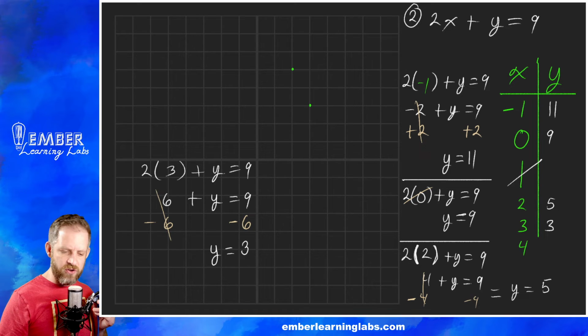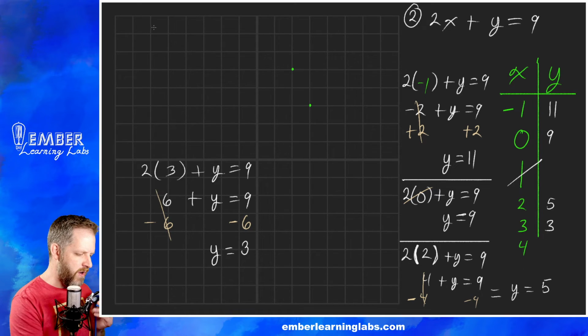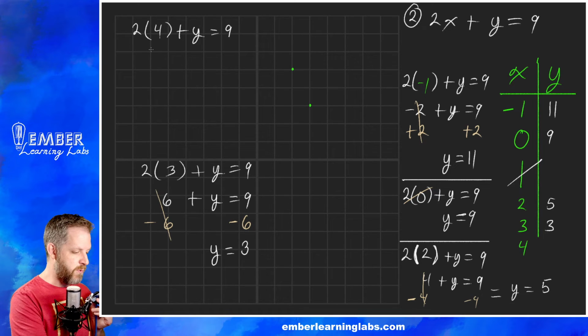So let's do the last point. We're going to put a 4 in there. So 2 times 4 plus y equals 9. 2 times 4 is 8. We're going to bring down plus y equals 9.